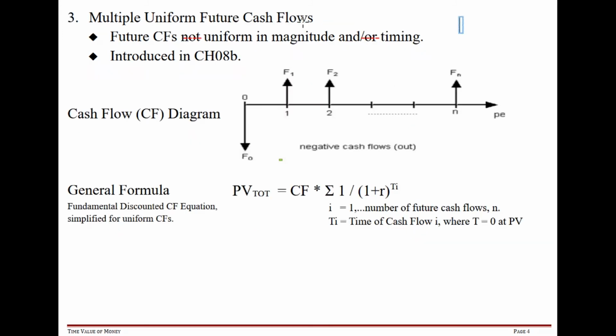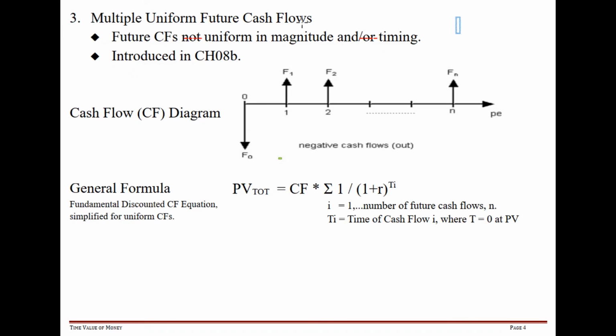The third type of cash flow scenario that we looked at was the multiple uniform future cash flow situation, where we have future cash flows that are uniform in magnitude and timing.